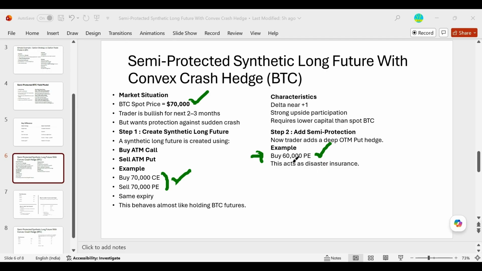So this is a deep OTM put. If he is buying one deep OTM put along with this, it is semi protected, meaning the position is unprotected till 60,000, but post the 60,000 strike the position is protected. From 70 to 60 there is a loss, a 10,000 point loss. So till this point it is semi protected.